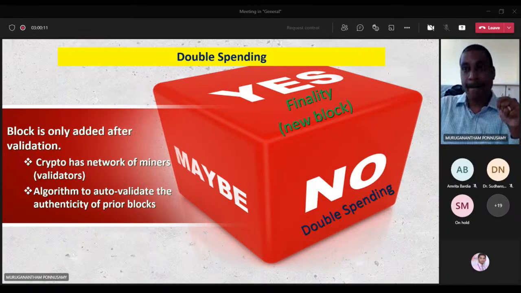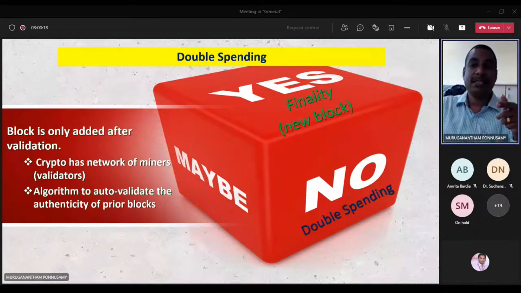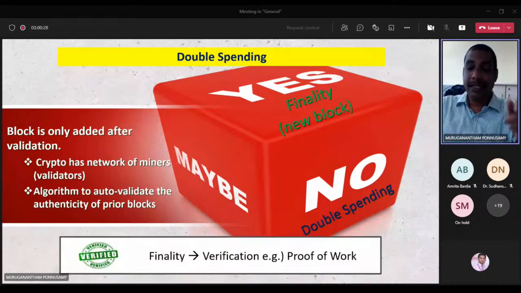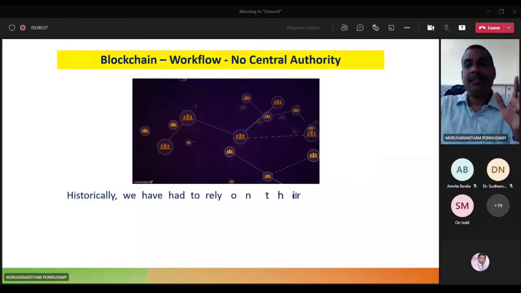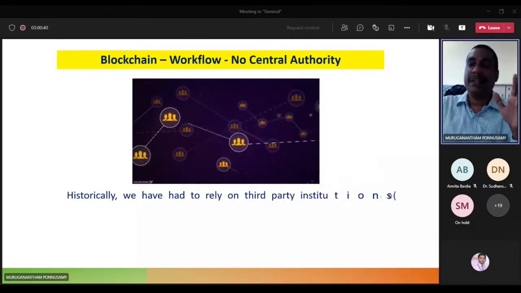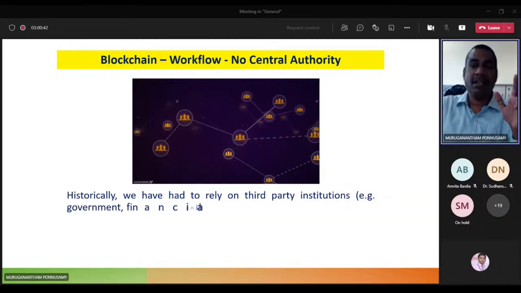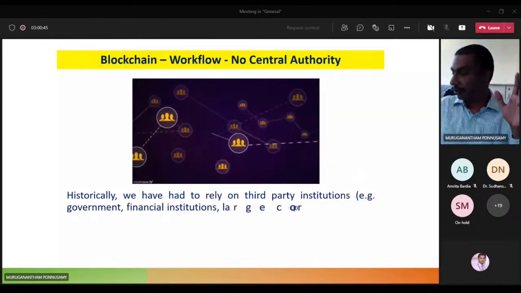That's the example I gave of Apple Face ID and other MNCs' Face ID, and why Apple is claiming them as a triumph of machine learning technology. Here, the technical term is verification, for example proof of work, and it does not have any central authority or clearing house.